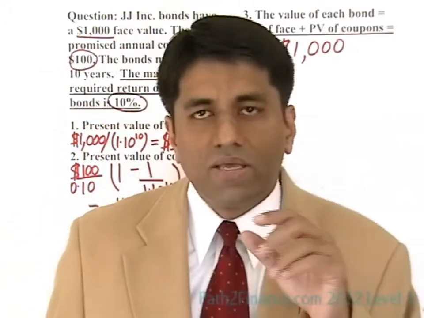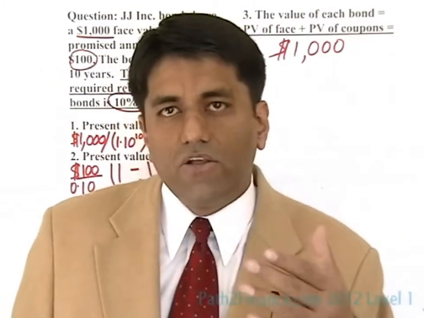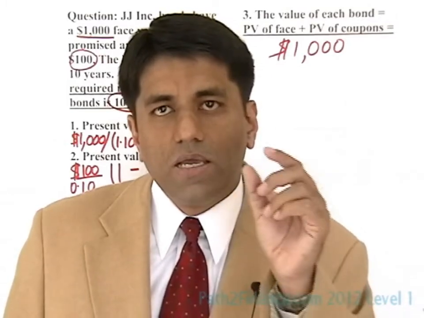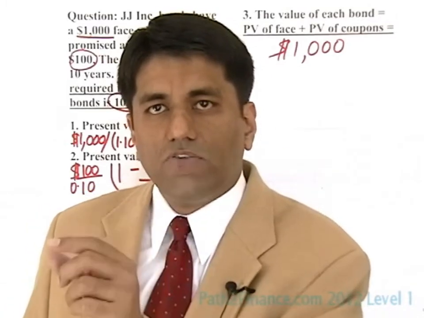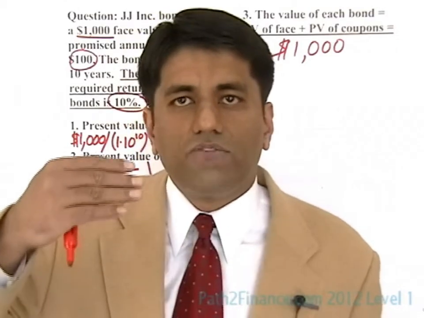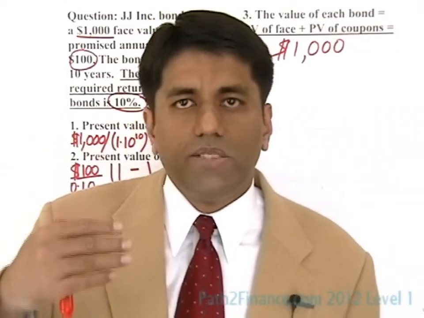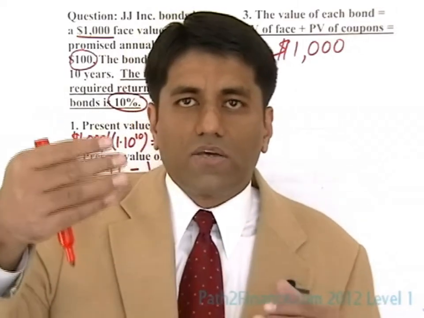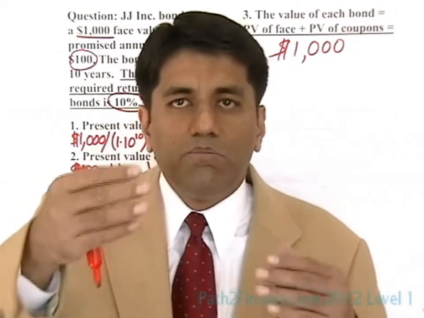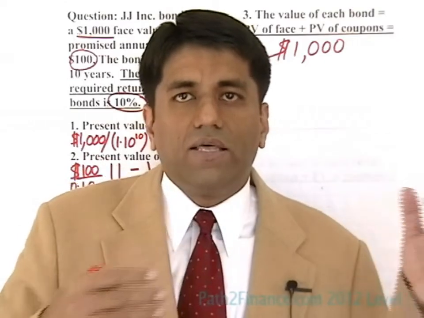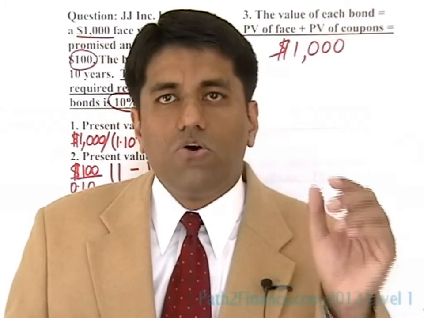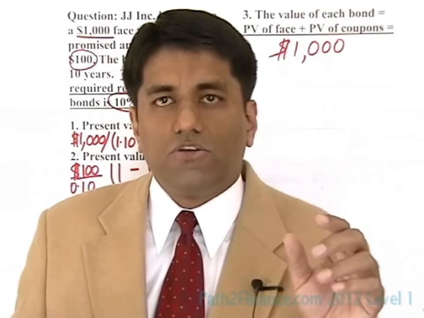Why is that? Well, if you pay the face value to buy the bond, then the coupon payments meet your required rate of return. So if you are thinking of the price that you paid as the principal that you paid, as the money that you invested, the coupon payments meet your required rate of return, and at the last period when the bond face value is paid back to you, it is as if the loan has been paid back to you.